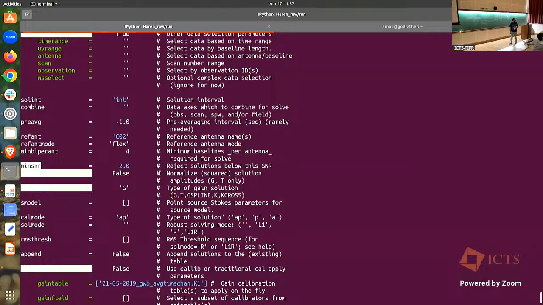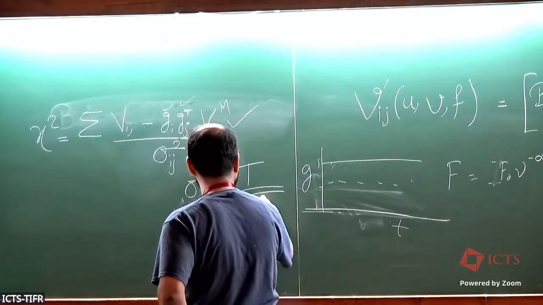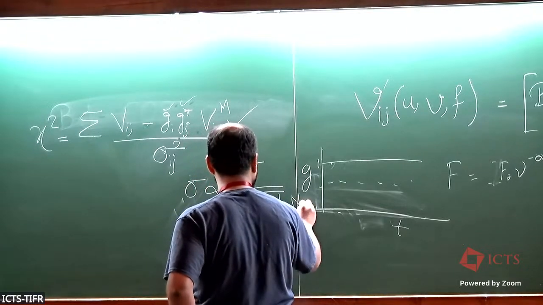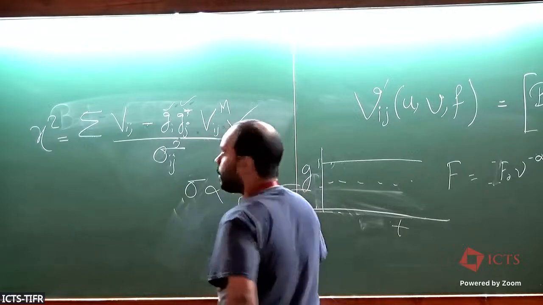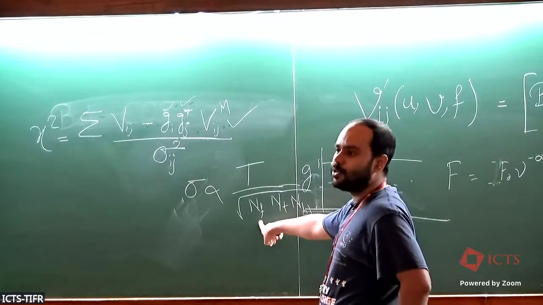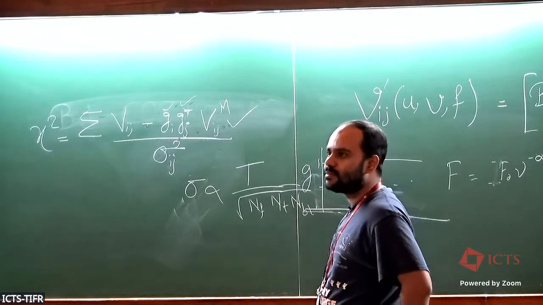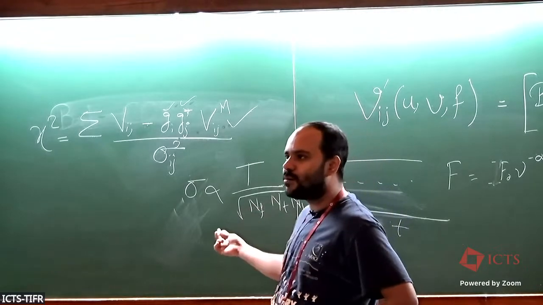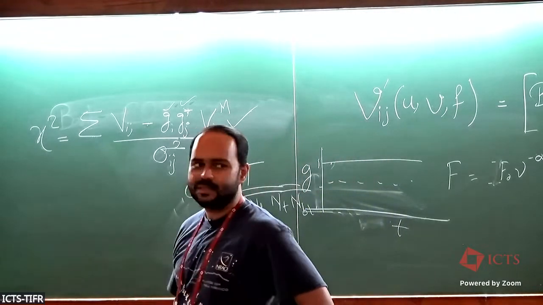Yeah, sigma is proportional to some system temperature divided by the square root of the number of samples, frequency, number of time samples, and number of baselines, right? But it is antenna based, so it depends on how many samples you have as a function of frequency and time. This is basically the basic radiometer equation, which Saurabh also showed yesterday.